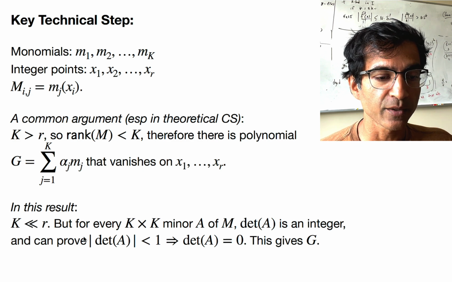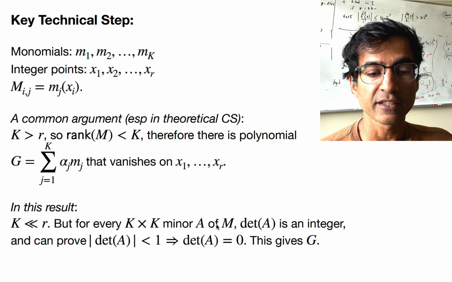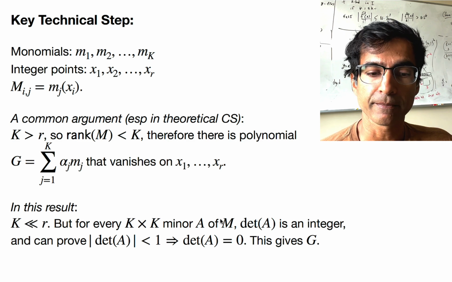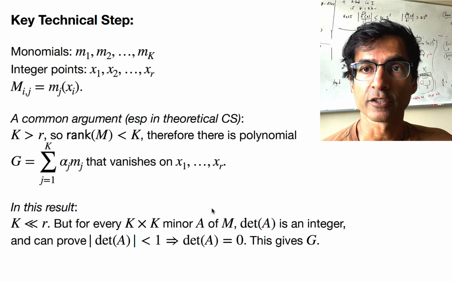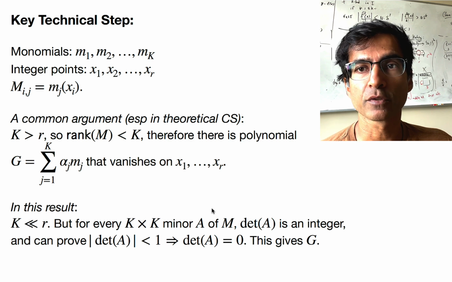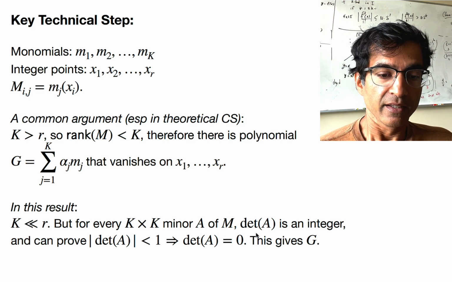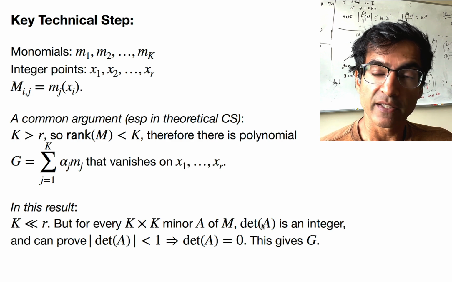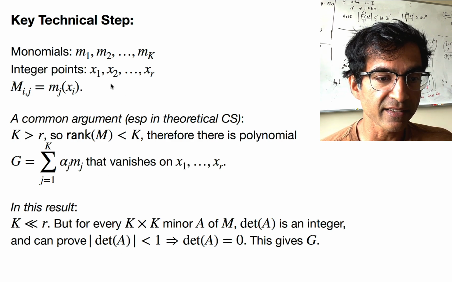And how will we do that? We'll actually prove that every k by k minor of the matrix M has zero determinant. Okay, that would prove that the rank is less than the number of monomials. And the way we'll prove that it has zero determinant is we'll use the fact that these are integer points.